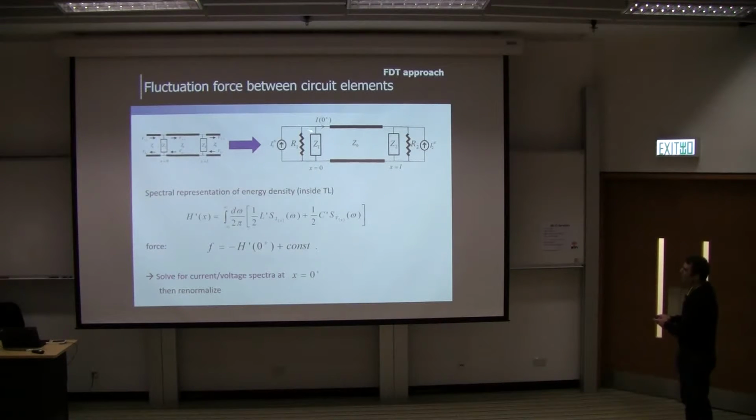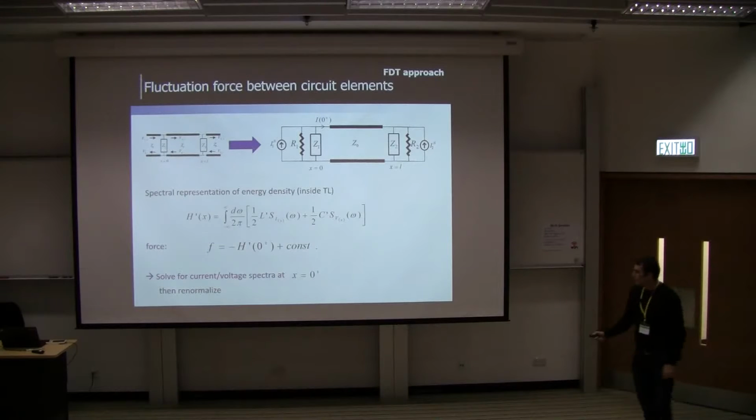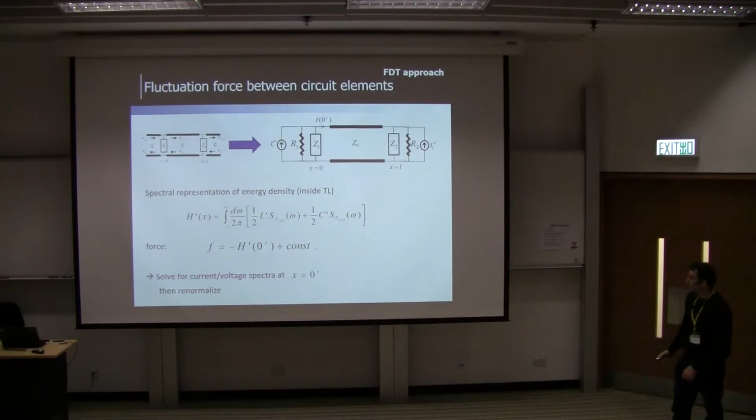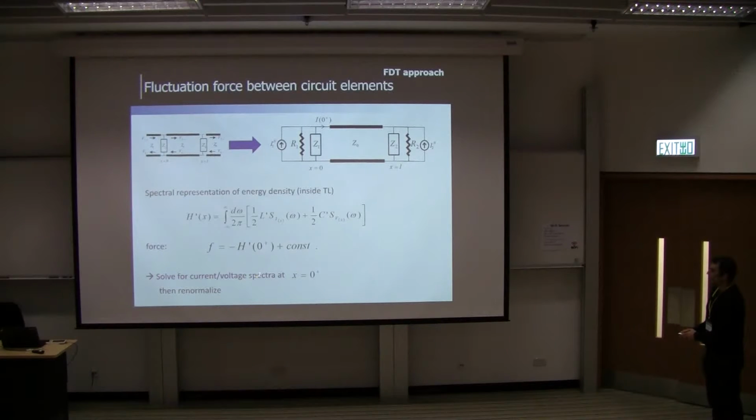Now to subtract this guy here, I mean, what is the meaning of the pressure coming from the resistor? It's not really understood. This is why I told you before, I really try to think of the other guy as the renormalization. It doesn't matter the interpretation that there is something from the outside. That's not the main point. And so now I just have to solve the current and the voltage at this point, and then I'll need to renormalize. That's the bottom line.